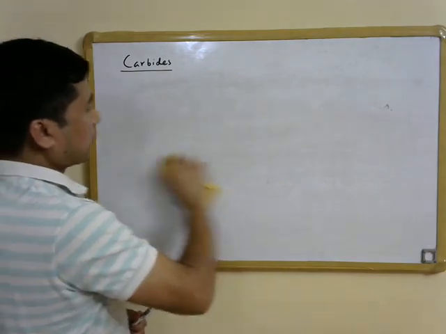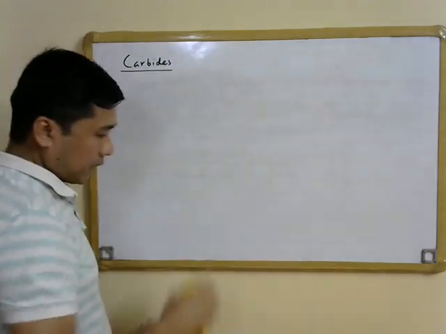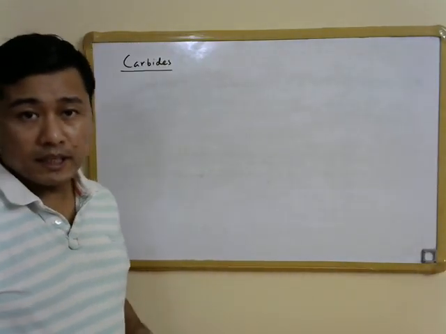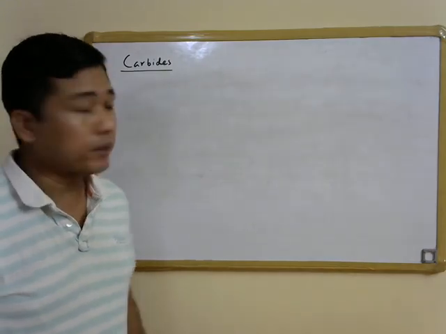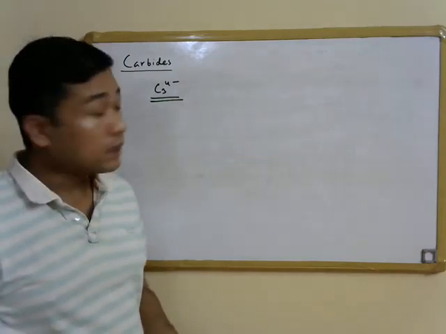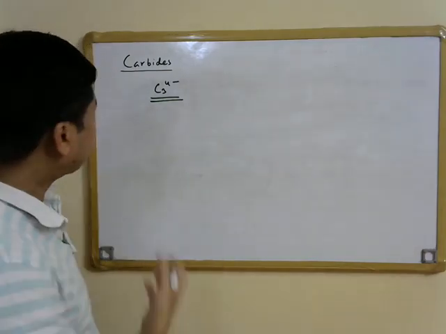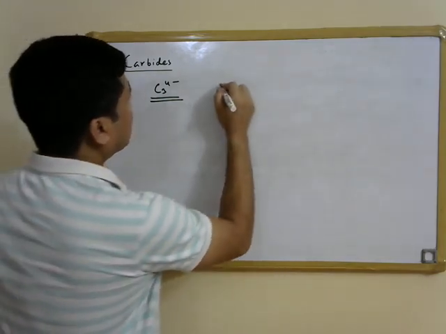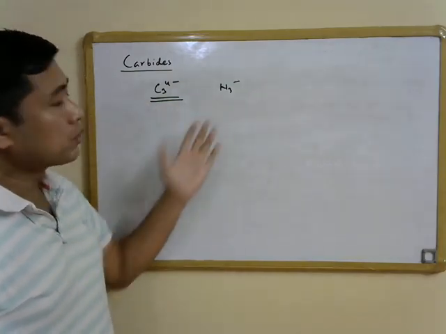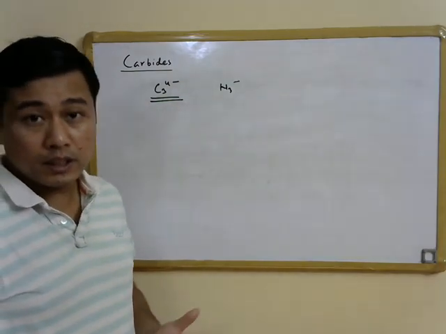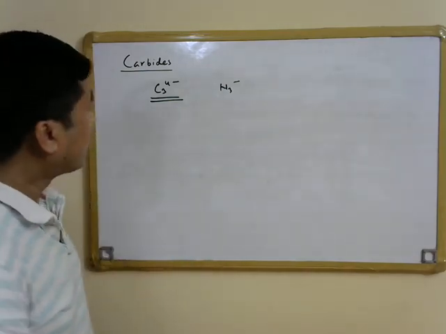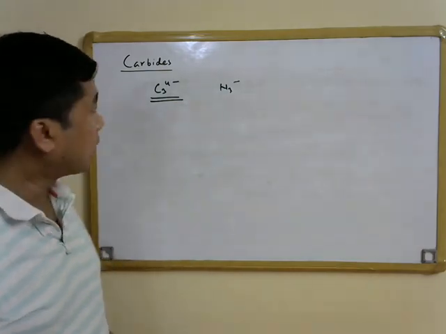So apart from methanides and acetylides, where individual carbon anions and C2 anions are present, we also have carbides where C3 4- ions are present, and if you count the number of electrons in this C3 4- ion and the N3- azide ion, what we will find is that these two ions are essentially isoelectronic, or the same number of electrons are present, and also we see that the same number of atoms are there, and that is why they are going to be isostructural as well.